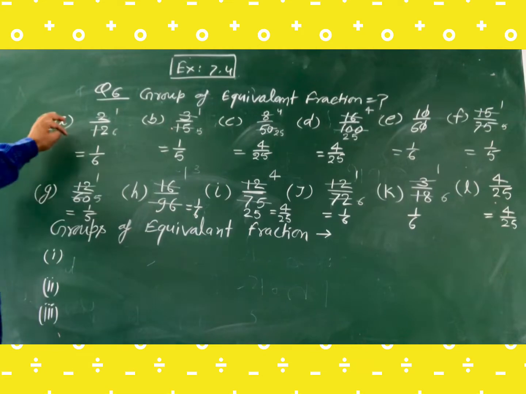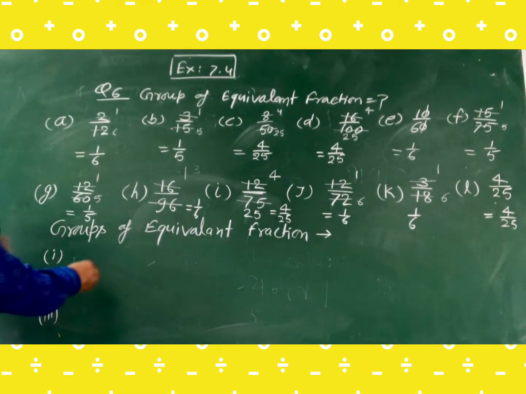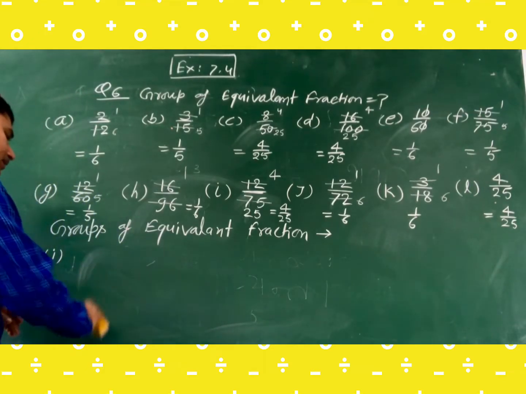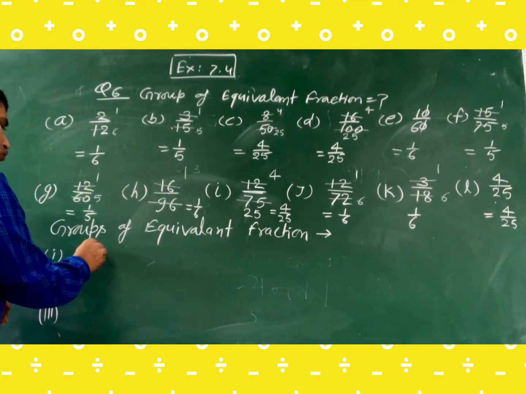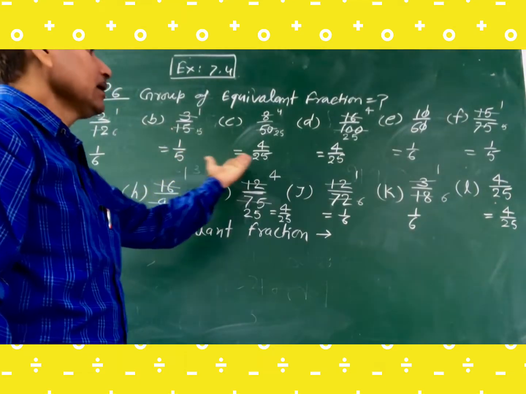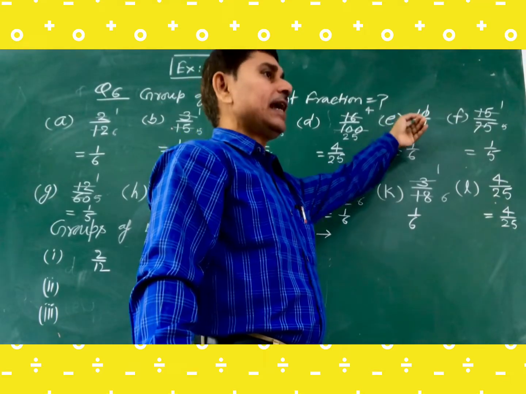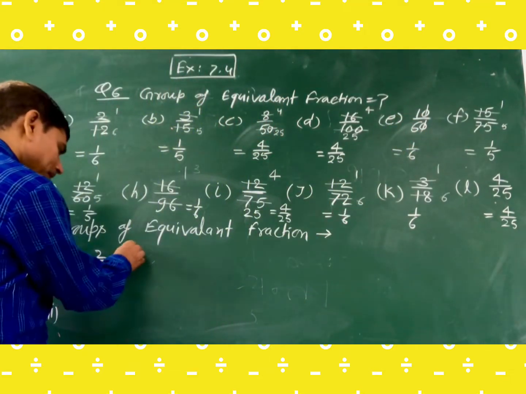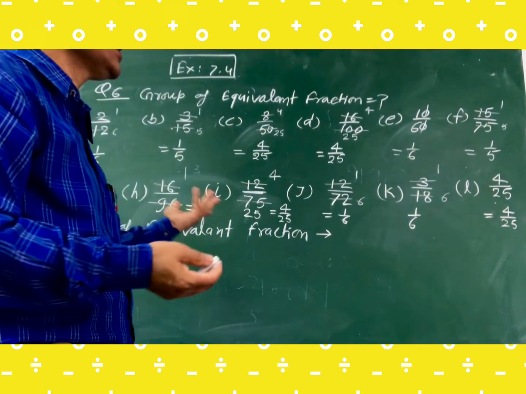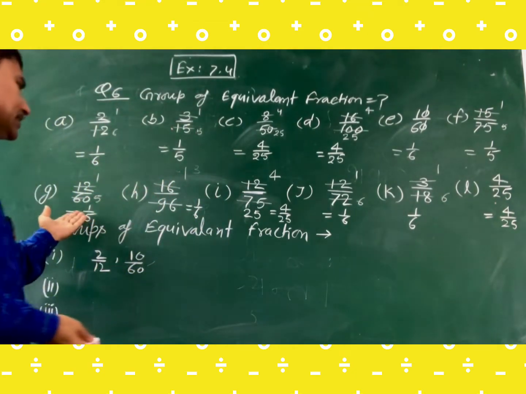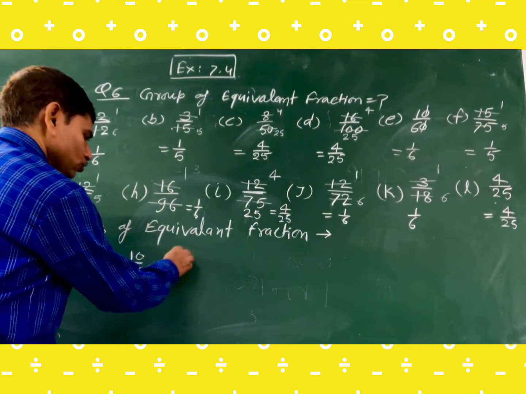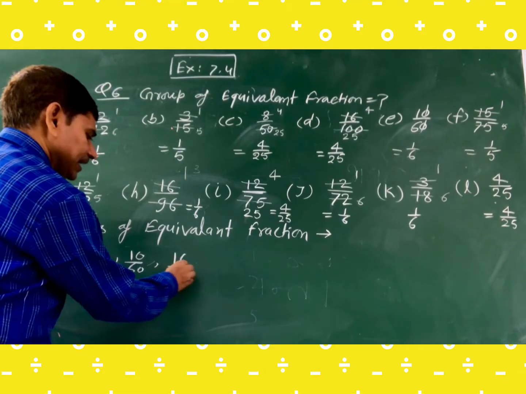So see, here your group will be formed. You can write 2 by 12, and another 1 by 6 is where? This one, that is 10 by 60. And now another 1 by 6 is where? Here you can see that this is 16 by 96, so you write 16 by 96.